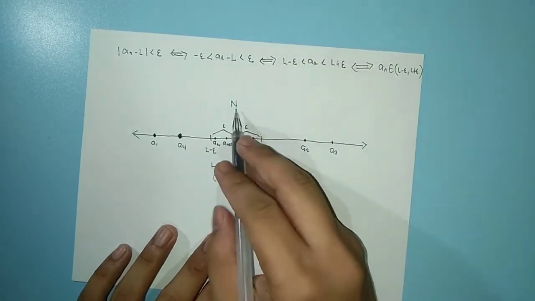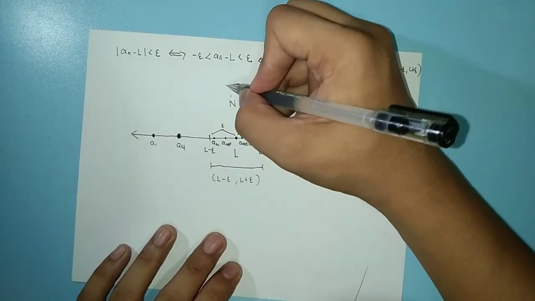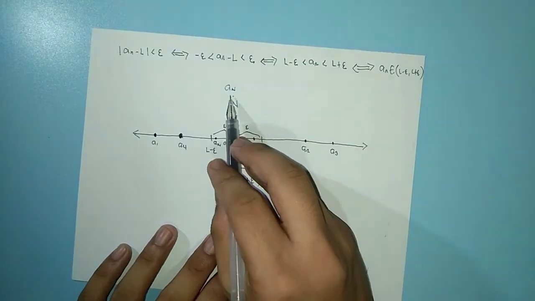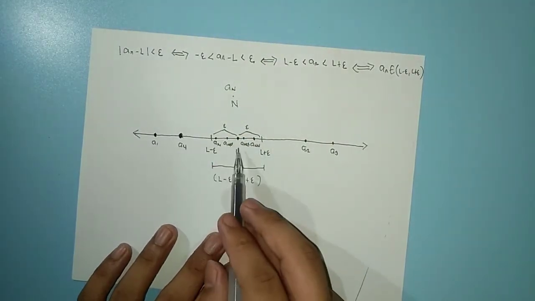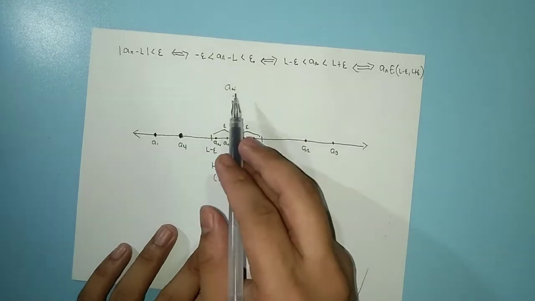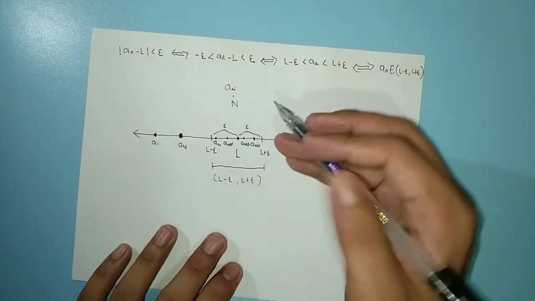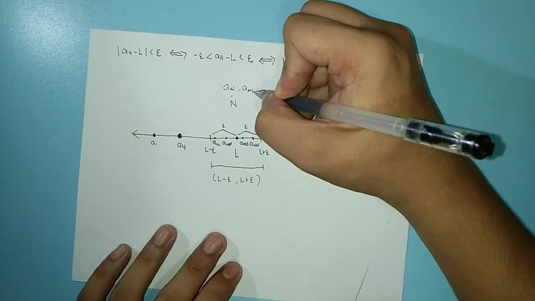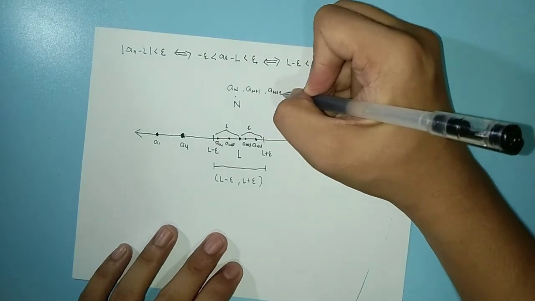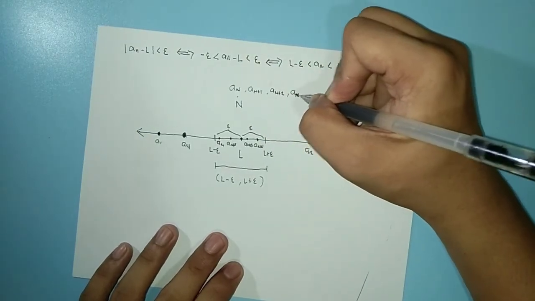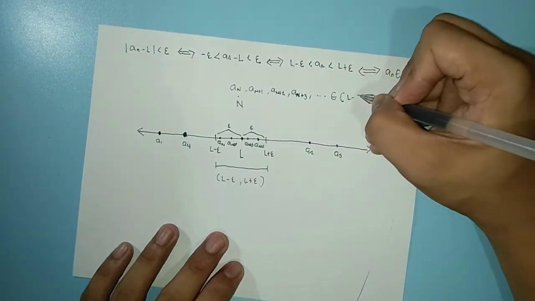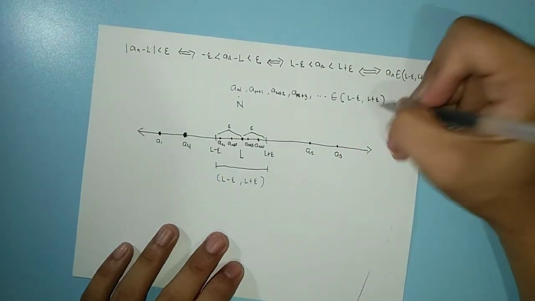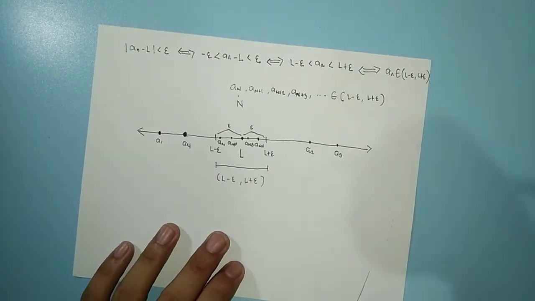So, starting from A sub N, it will no longer leave the interval. Okay? From A sub N onwards, A sub N plus 1, A sub N plus 2, A sub N plus 3, and so on, it is always an element of (L minus epsilon, L plus epsilon). Okay?